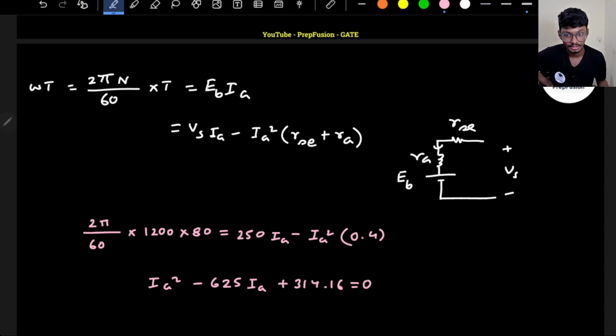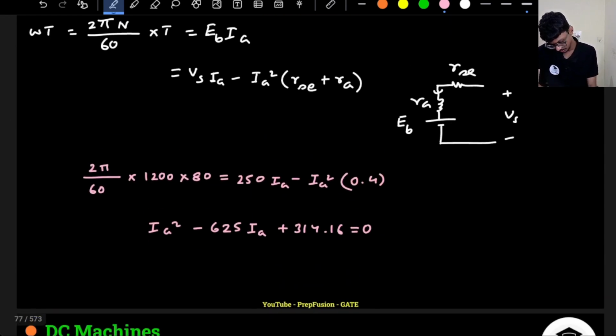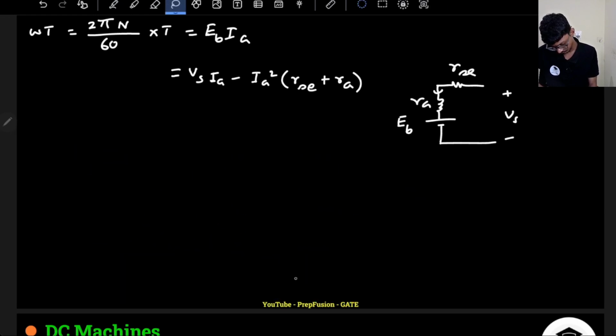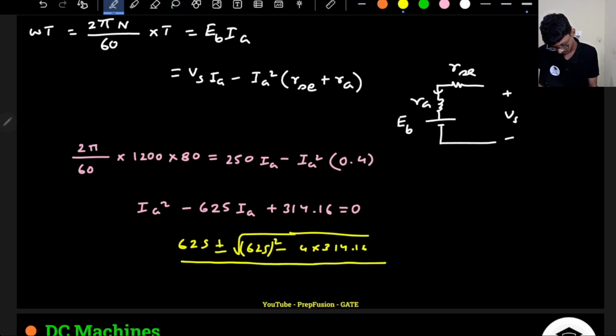From here I can solve the quadratic equation and find Ia. So Ia will be 625 plus or minus the square root of 625 squared minus 4 into 314.16.